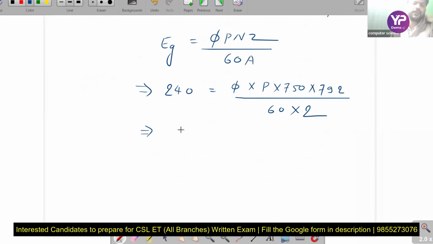By simplification, we get the value of phi equal to 0.0121 Weber.